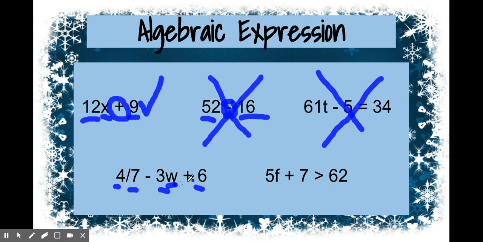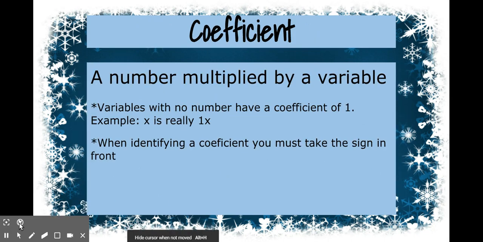I have a variable of w, and I have 3 different operations. This expression contains all 3 components, which means this is an algebraic expression. Lastly, I have 5f plus 7 is greater than 62. In this example, I have an inequality symbol. That tells me this is not an algebraic expression. An algebraic expression, or an expression in general, does not include an inequality symbol.